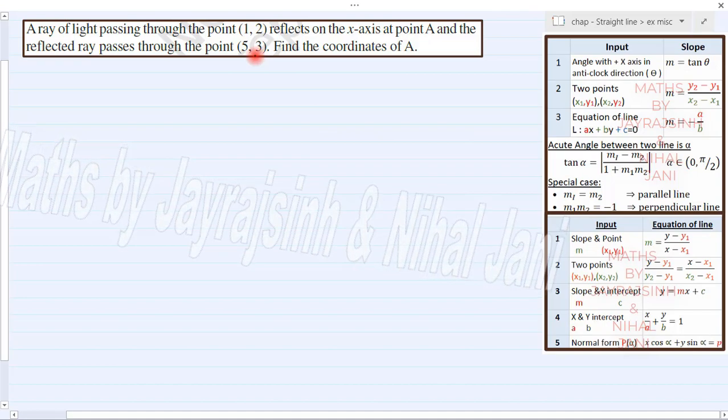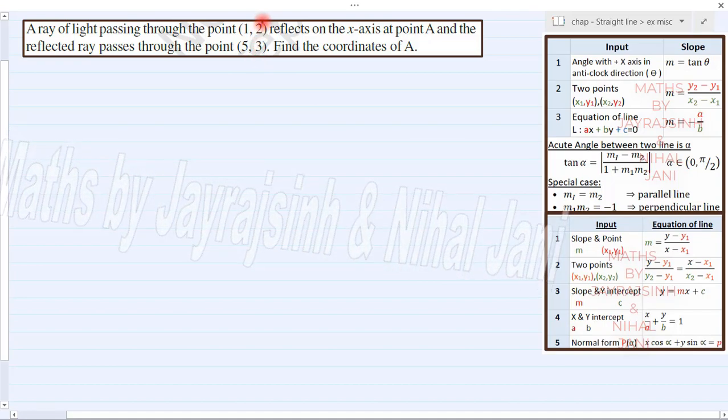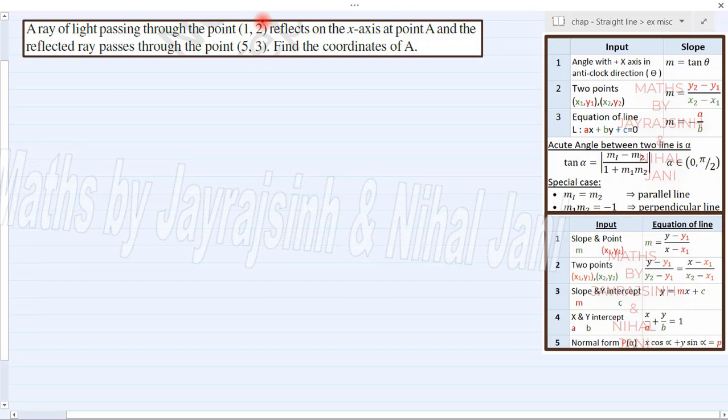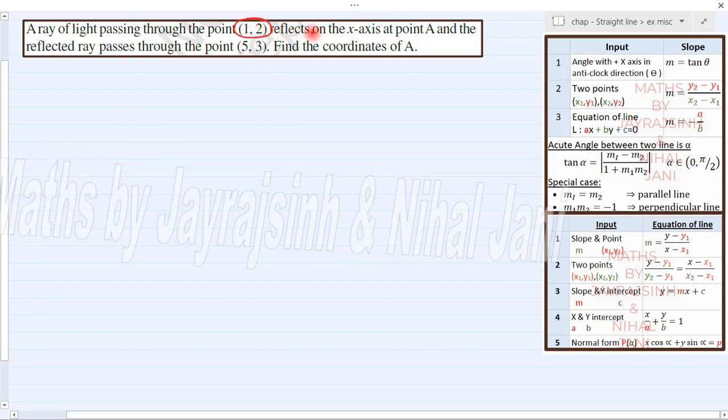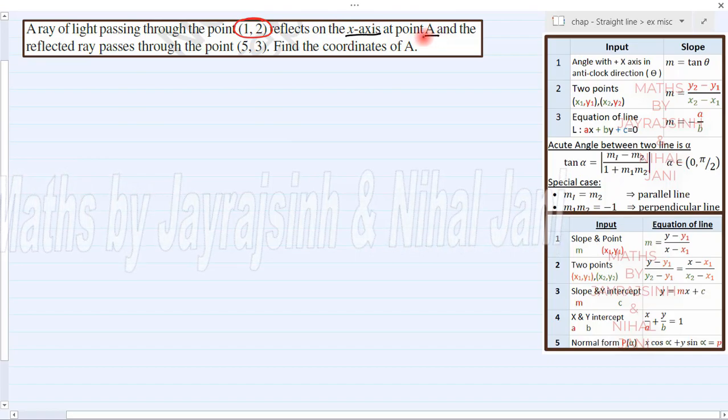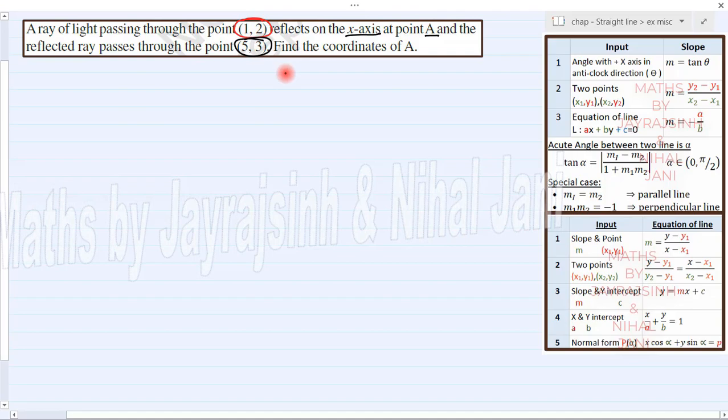In this question, we have one ray passing from point A, which is (1, 2), and reflected on the x-axis at point A, and reflected back and passing through the point (5, 3).